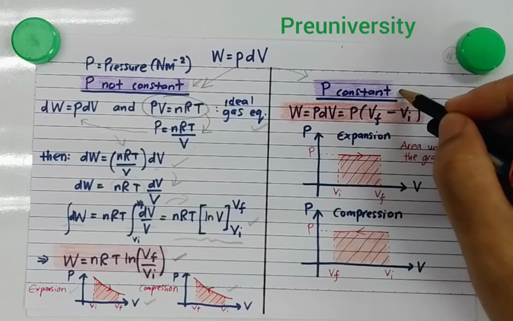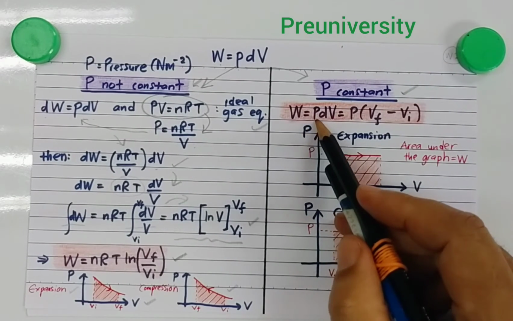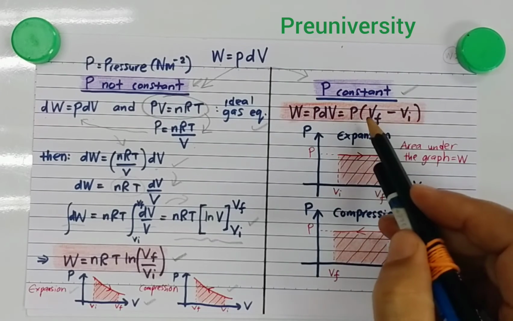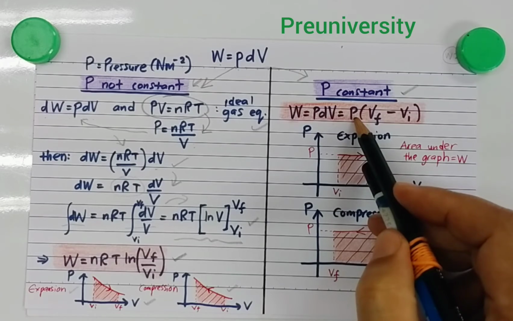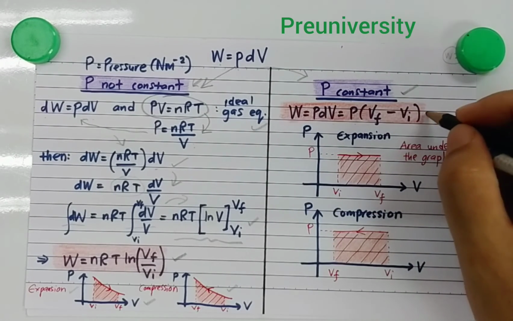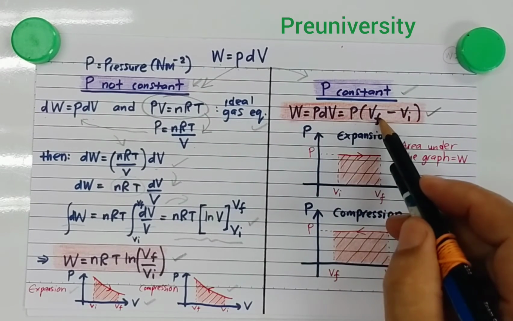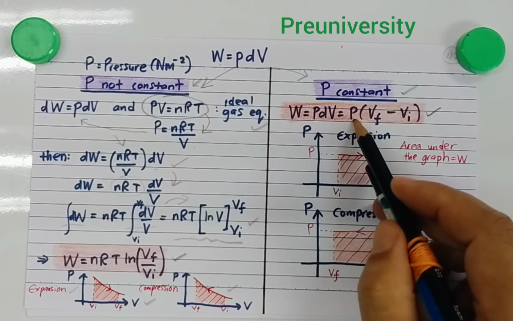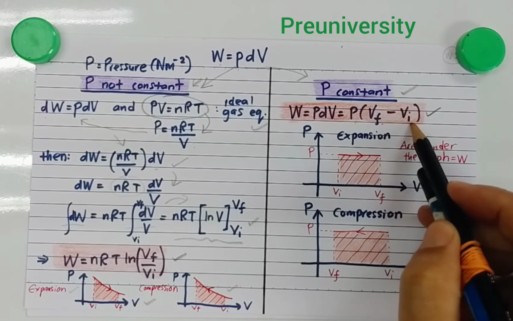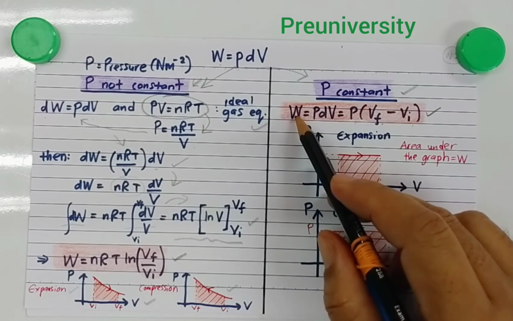And then we go for the next. If P is constant, W is equal to P delta V, P times V final minus V initial. P is constant, so the equation looks very simple. That means we can still apply this equation. You know the P, you know the V final, you know the V initial, you apply to this equation, you can get the work done by or on the gas.